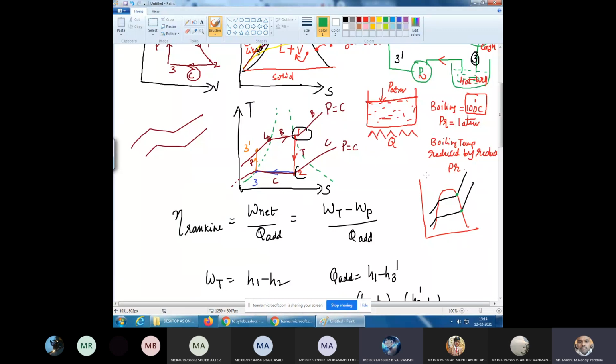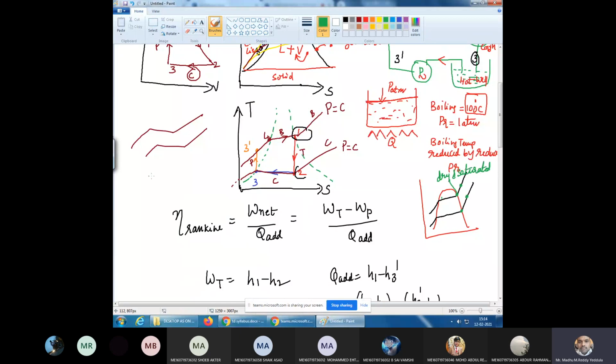And if the point lies above this one, I can call it superheated vapor, or superheated steam. On the vapor line, it is dry and saturated.